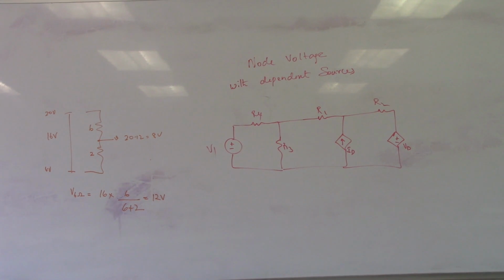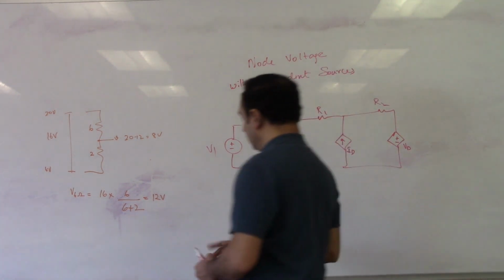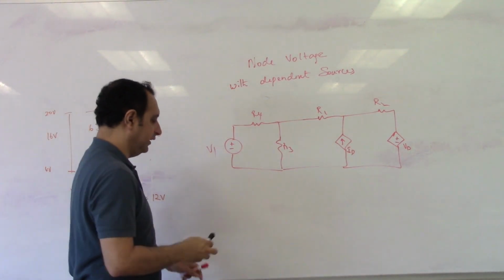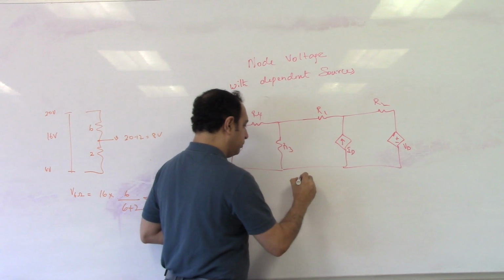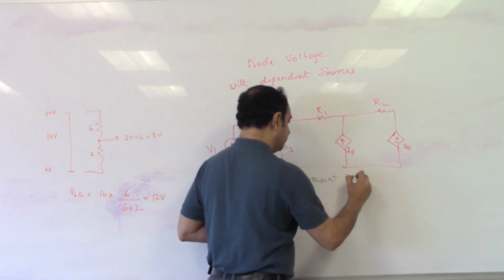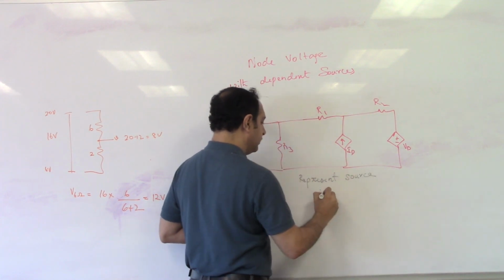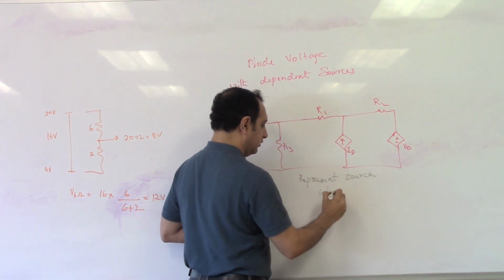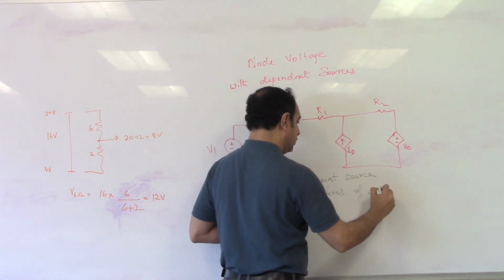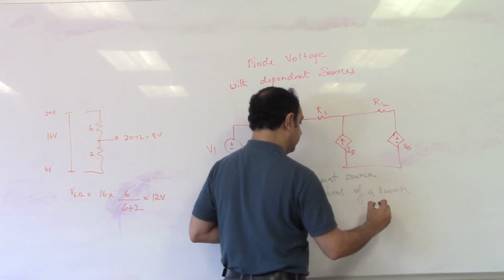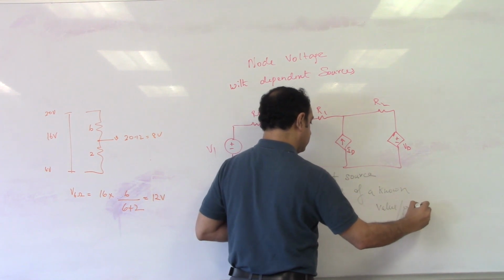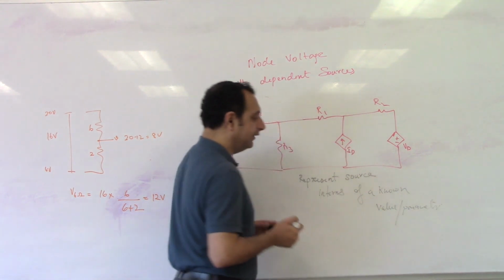Okay. So everything remains the same. The only thing that we change is the very first step: represent the dependent source in terms of a known value or a known parameter.